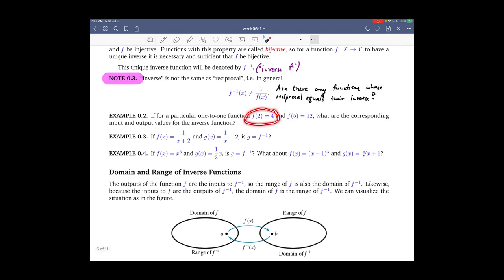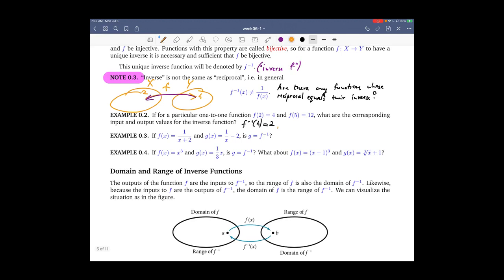Well, the fact that f at 2 equals 4, and it's known that f has an inverse function, we know that f inverse at 4 equals 2. f moves 2 to 4, which means that f inverse moves 4 to 2.